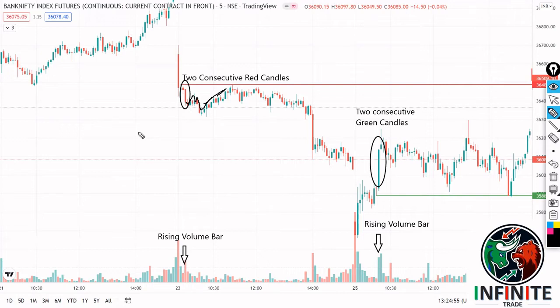So there are two types of traders. One is a technical trader and the other one is a price action trader. Both are similar, both follow similar concepts. There are a lot of differences, but based on the concept we're discussing here, I'm just telling you one difference. So imagine that this is a resistance.